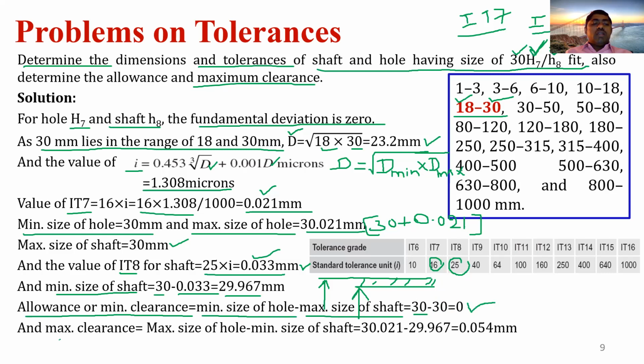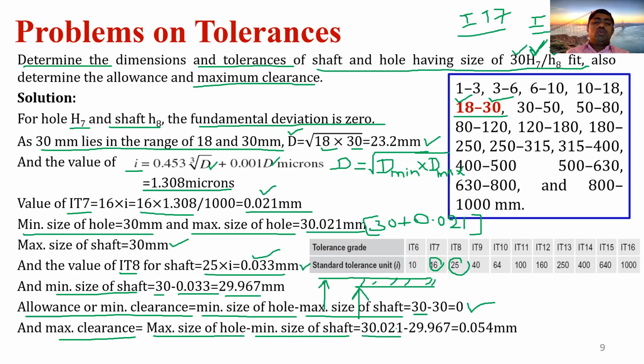And the maximum size of the hole minus the minimum size of the shaft. What is the maximum size of the hole? 30.021.